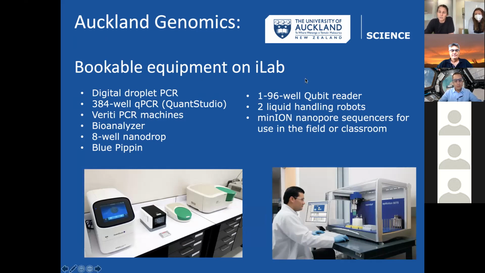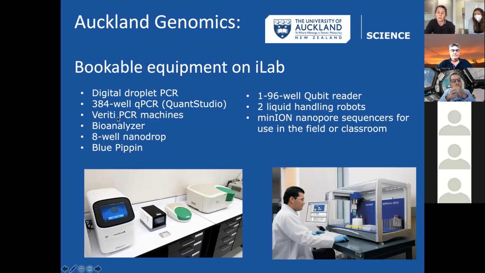Many people, I think this is such a really neat aspect of Auckland Genomics, is that we have a huge range of bookable equipment. So we purchase and service and maintain lots of very expensive and great equipment that many different people can use. So we have digital droplet PCR, which is sort of shown here. We have a 384 well qPCR Quant Studio.